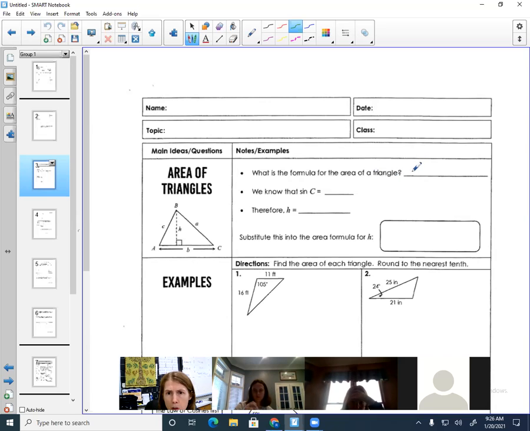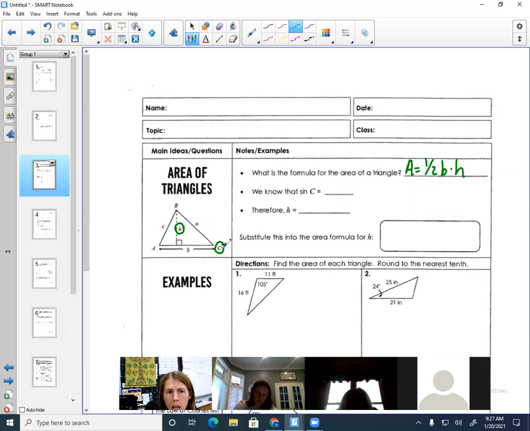So area of a triangle is area equals 1/2 base times height, which we've seen before. That's nothing new. Now I want you to look at H, look at C. If I look at angle C, H is opposite. Opposite is sine. So sine of C equals H over A. Sine of C is opposite over the hypotenuse.